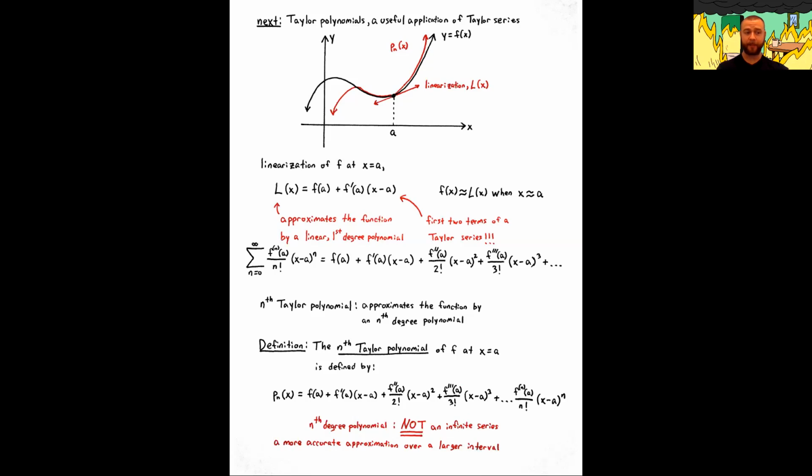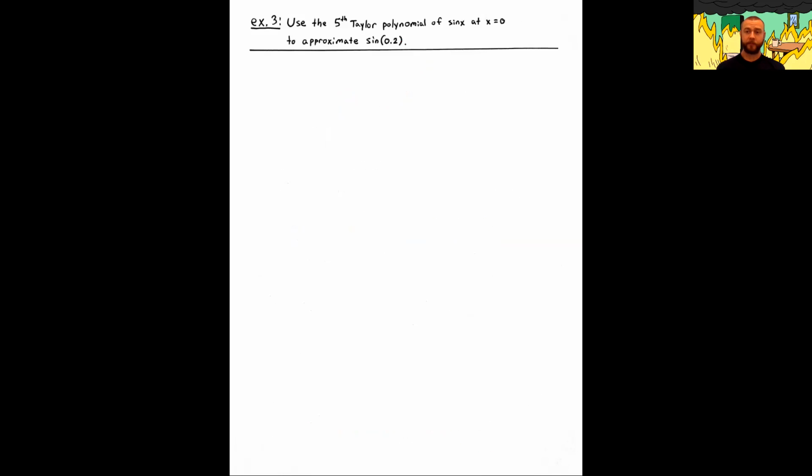Now we're going to use an example where we basically did all the work. We're going to look at an nth Taylor polynomial for sine of x, so that we can see what the applications are with a simple example that we've already done. So let's take a look at example 3. The question is going to ask us to use the fifth Taylor polynomial, or fifth degree polynomial approximation of sine of x at 0.